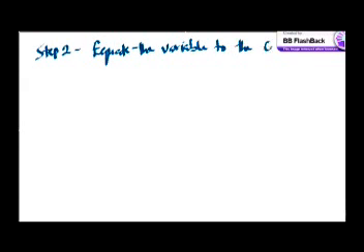Step 2 will be to equate the variable function to the constant value.